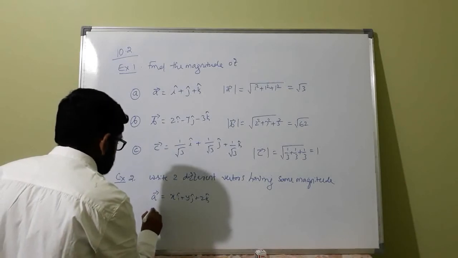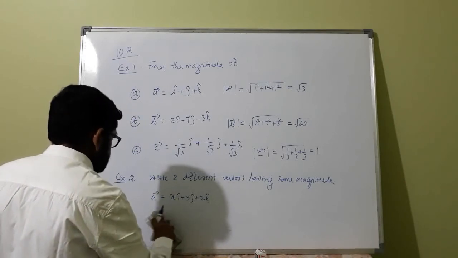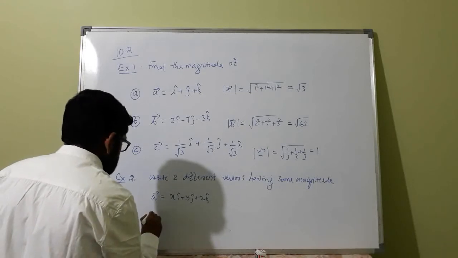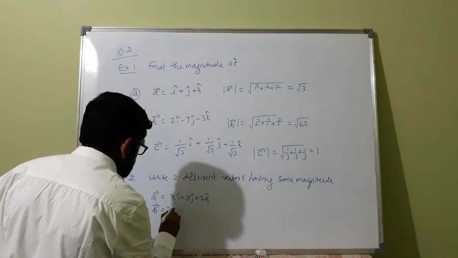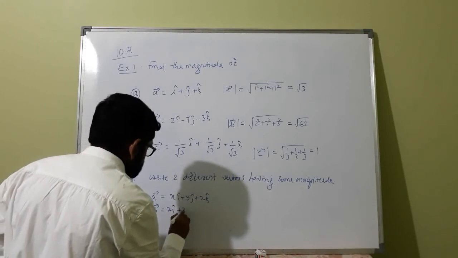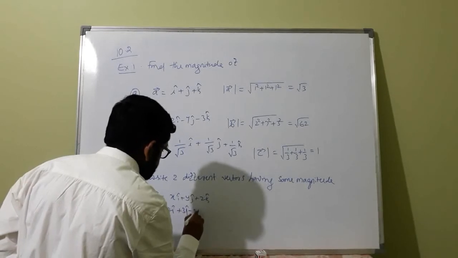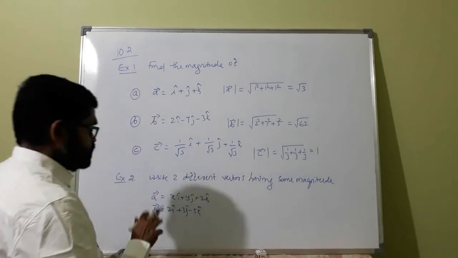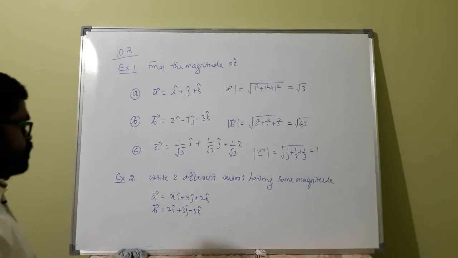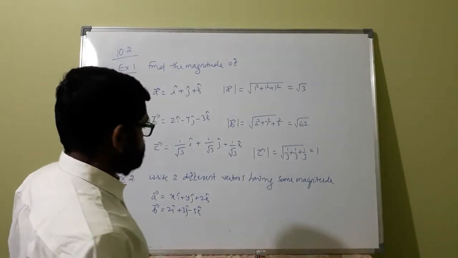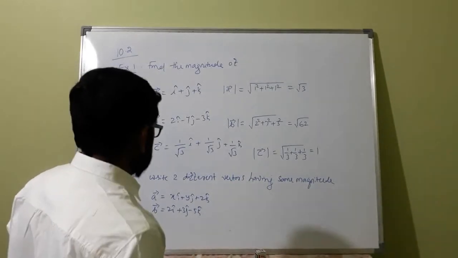Suppose B is equal to 2i plus 3j minus 5k. This is the same as minus 2i minus 3j plus 5k, or minus 2i minus 3j minus 5k.